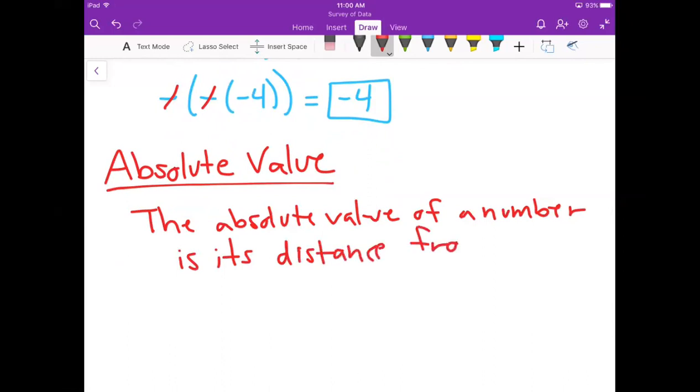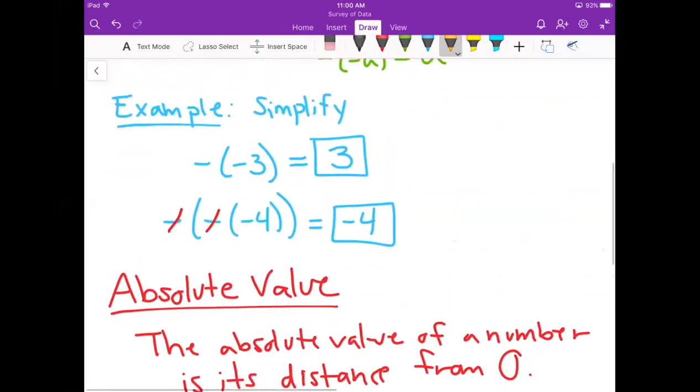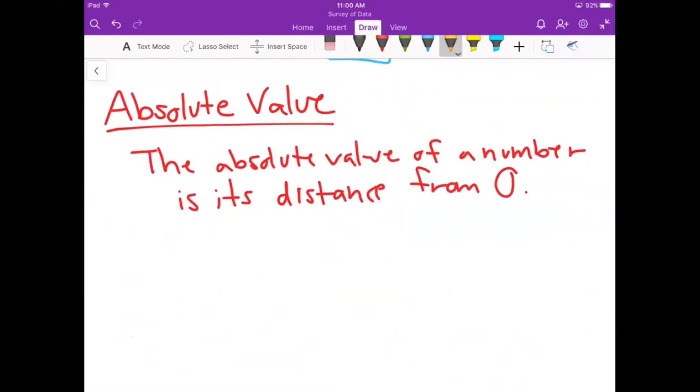from 0. So go back up to your number line here real quick and notice that when I have two numbers, a positive and a negative, they are the same distance from 0. So this is a distance of A, and this is a distance of A, if I just think about how far it is away from 0. When I think about the absolute value, it doesn't really do anything to a positive number.